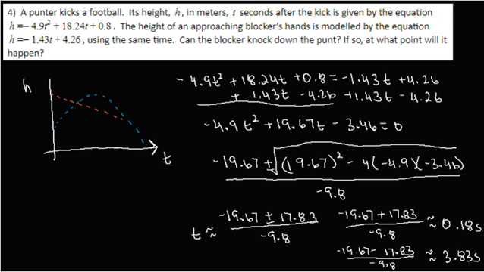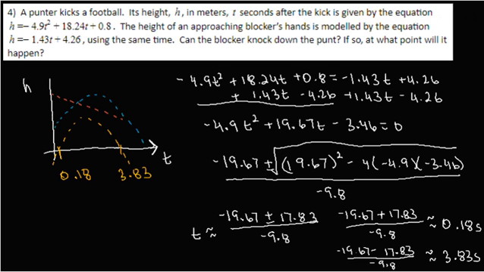Well, let's think about the situation. If we model them together, that quadratic looks a little something like that. We have a negative 3.46, so our y-intercept is below the axis, and we're saying 0.18 and 3.83.